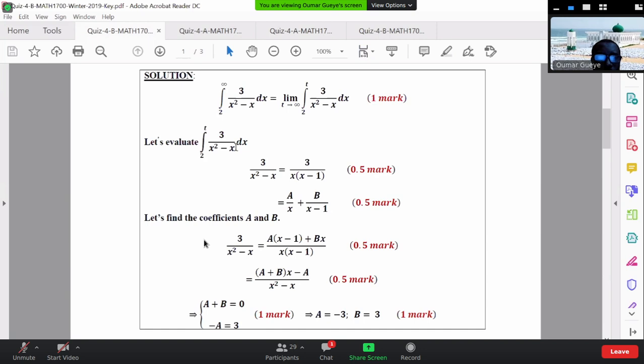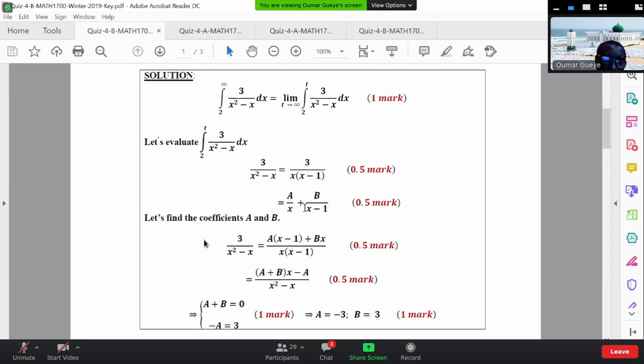When you factorize the denominator, it's going to be x times x minus 1. And since we have two linear factors, we can write a over x and b over x minus 1. So next step, we have to find the coefficients a and b. Exactly what we did in the previous example.